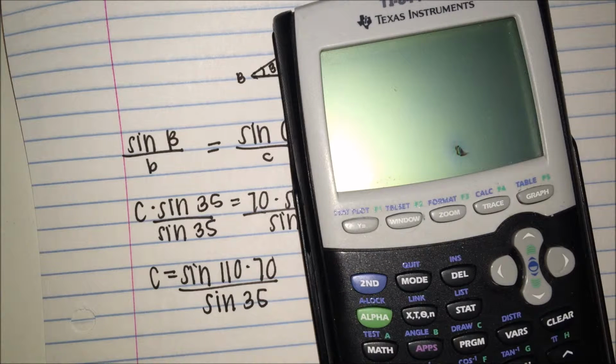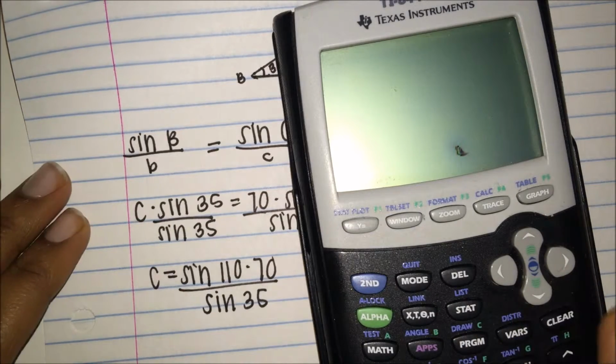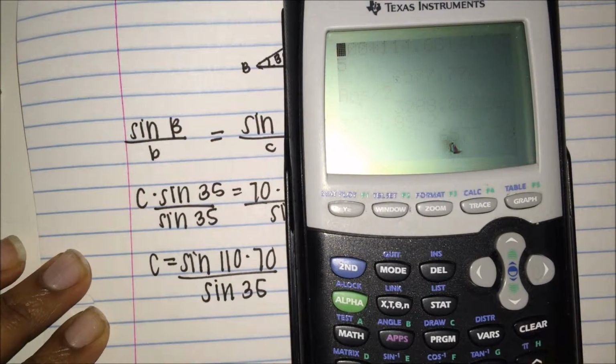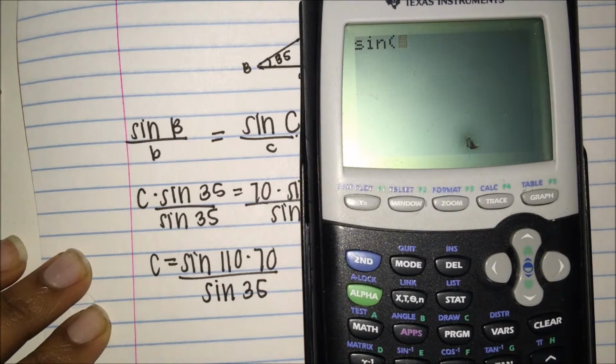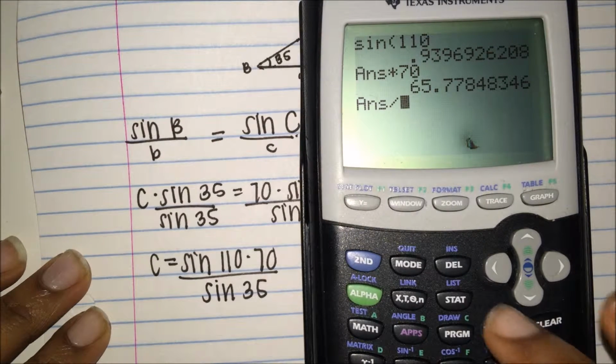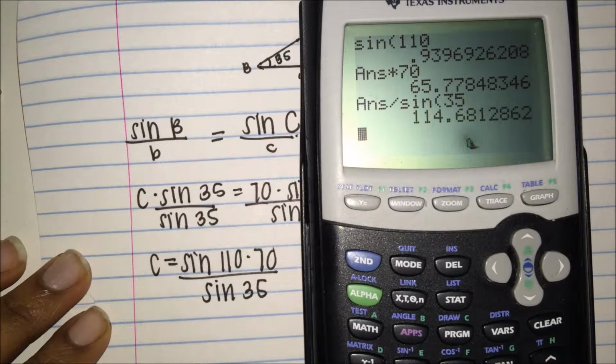And so we just plug that into our calculator. Sine of 110 times 70 divided by sine of 35.